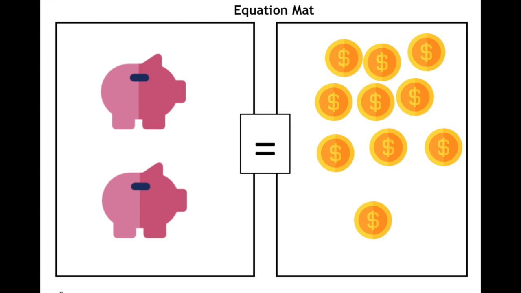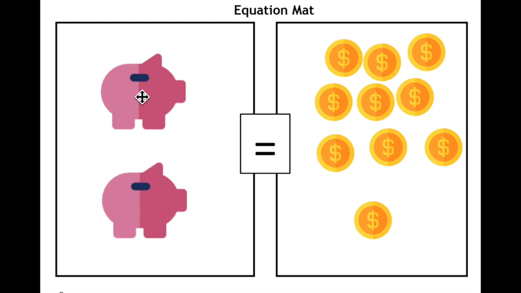Hey, how do you like this situation? Now we have two piggy banks. Hmm. In this situation, we're going to assume that the piggy banks have the exact same number of coins. If this piggy bank has 2 coins, this piggy bank has 2 coins. If this piggy bank has 20 coins, then this piggy bank has 20 coins.